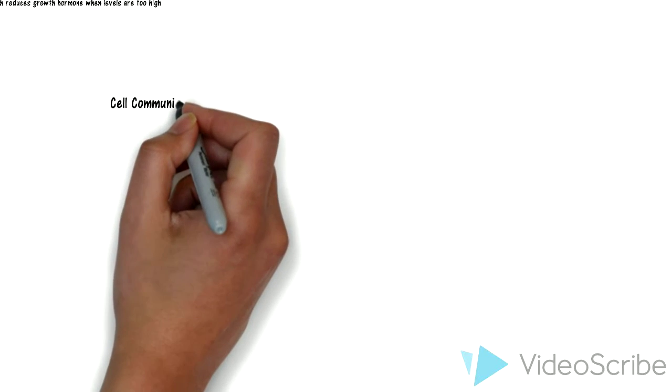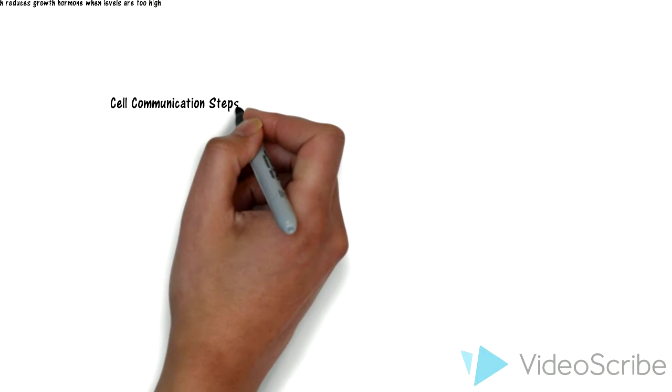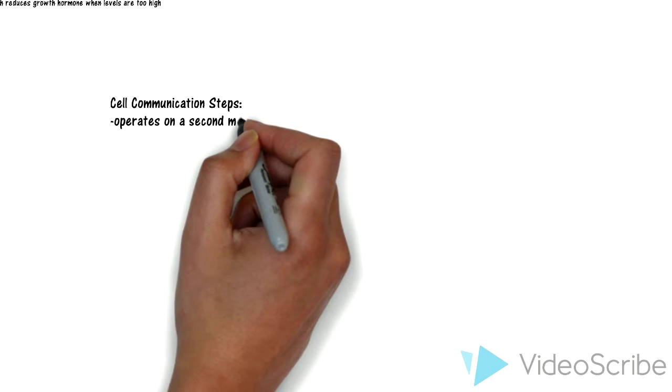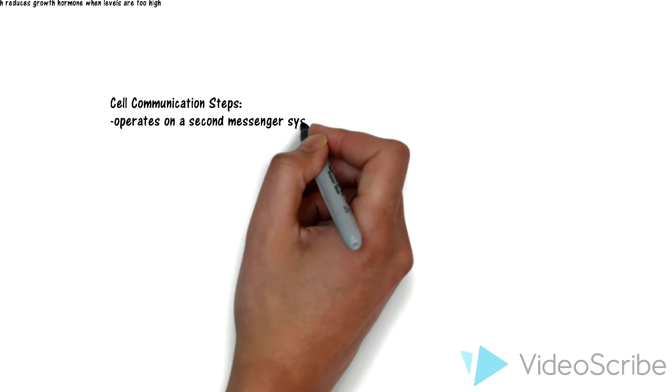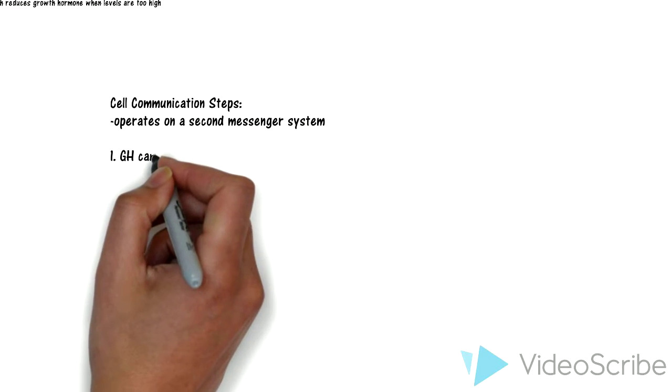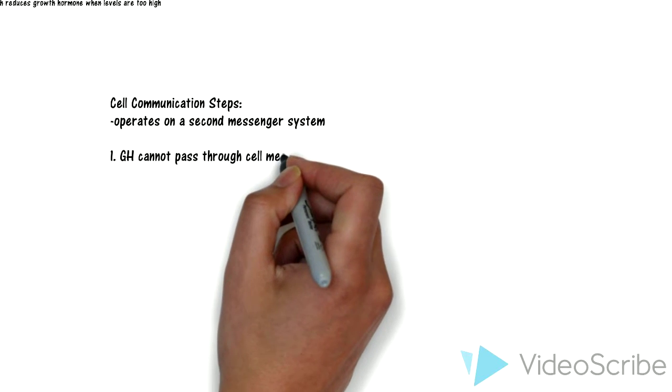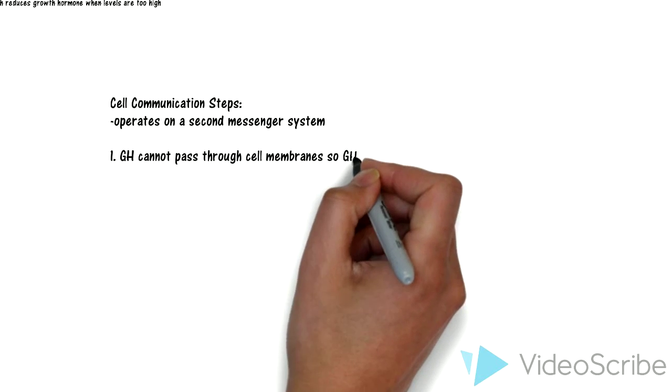So how it works is that growth hormone binds to the receptor on target cells, which can be muscle and bone cells. And this activates the MAPK/ERK pathway.